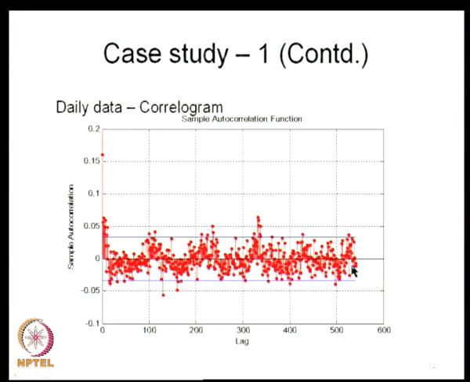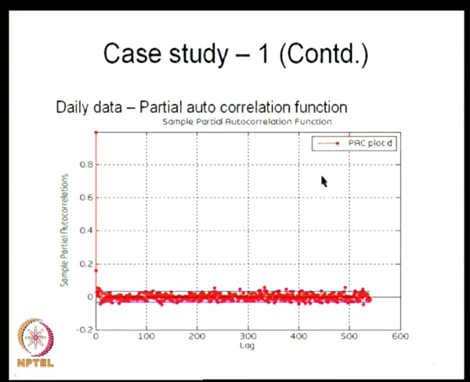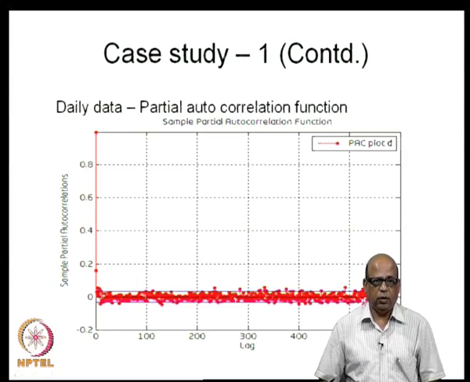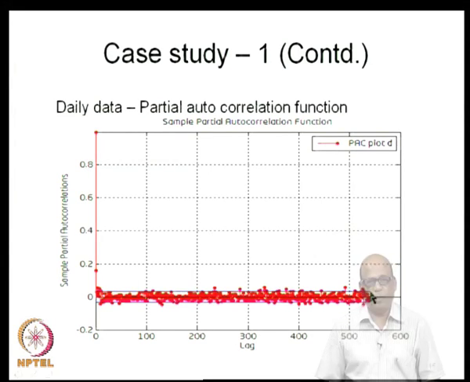Now, we will see what happens when we look at the partial autocorrelation. Again, this is the significance band here. Remember, I mentioned during the discussion on partial autocorrelation that its significance bands will be the same as the significance bands for the correlation, which in this case we take as plus minus 2 by root n, n being the number of data points.